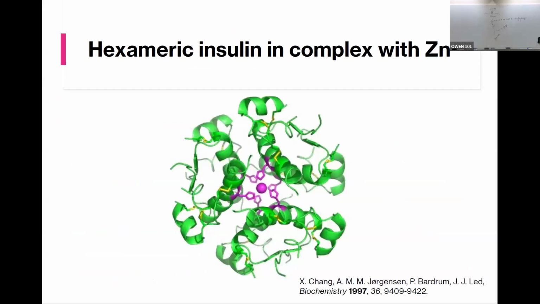So this is the picture of that. For each of these, you have a dimer of insulin, which occurs naturally. But when you have zinc in the center, you see this, the purple here is proline. Remember that, proline, right? You know proline, right? So this is the amino acid proline, all right?